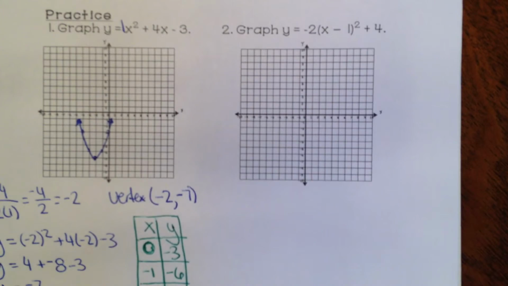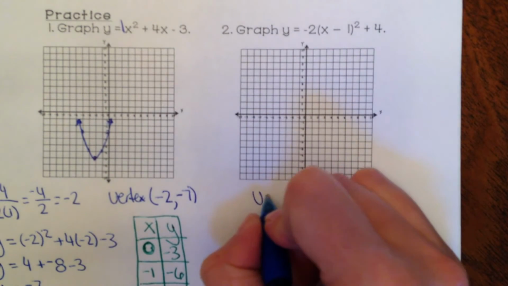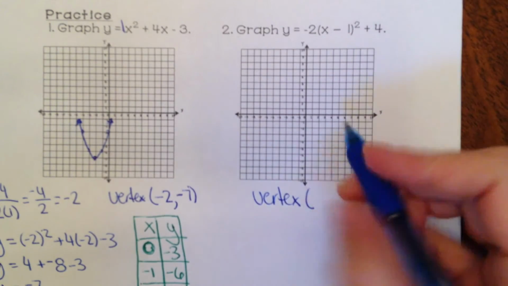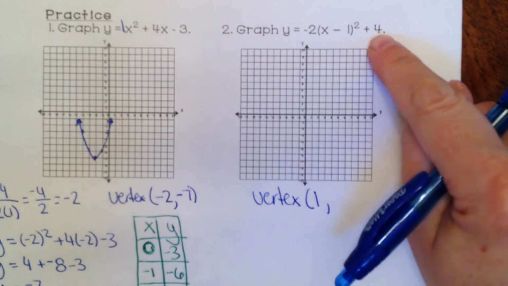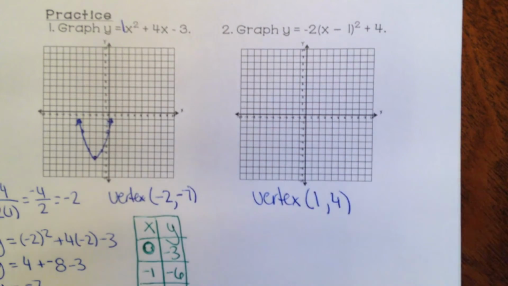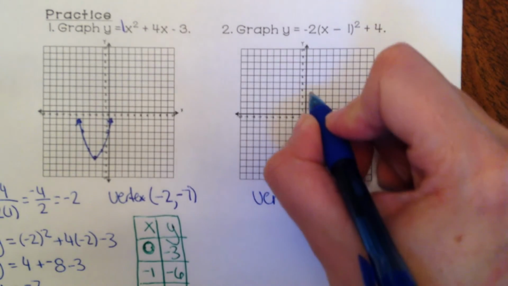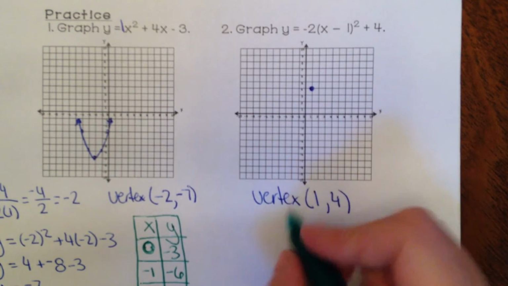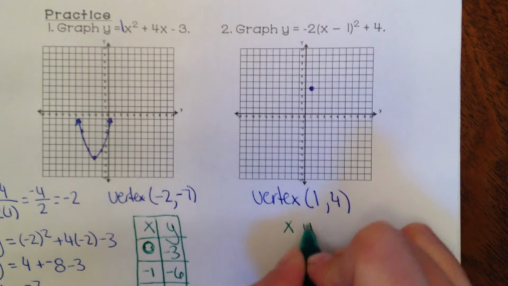Okay, and last one, we know the vertex. Okay, the x coordinate is 1. The y coordinate is 4. And we're going to choose some points after we graph this. X is 1, y is 4. Couple to the right, couple to the left.